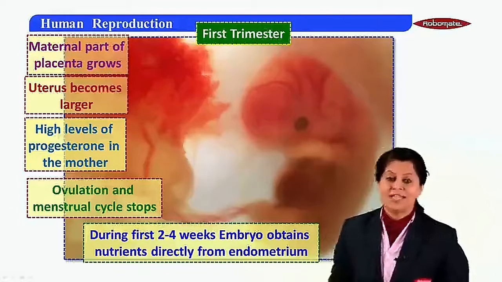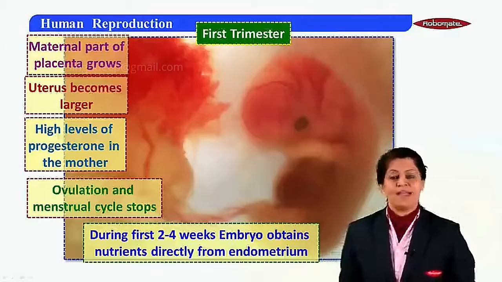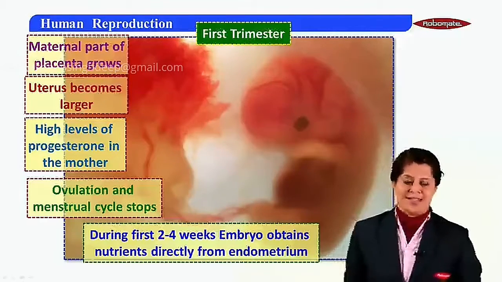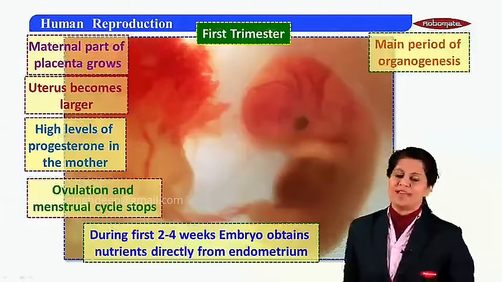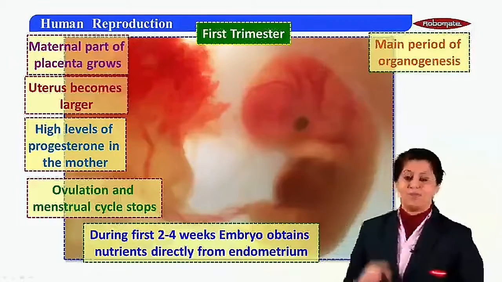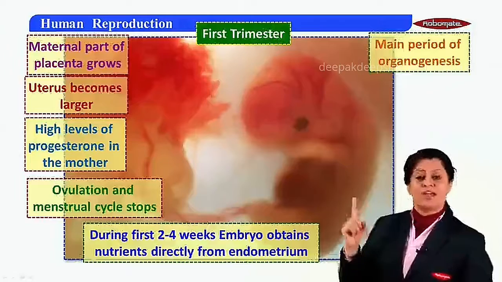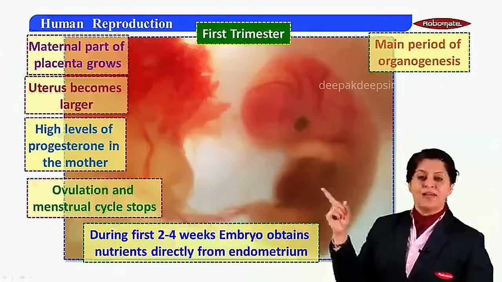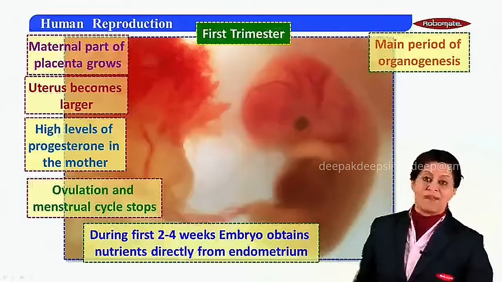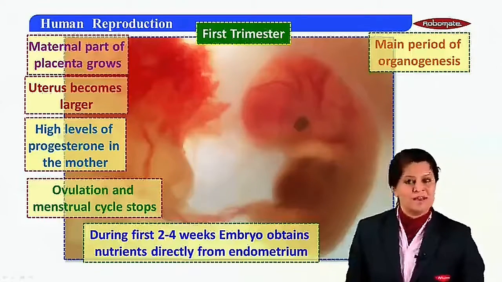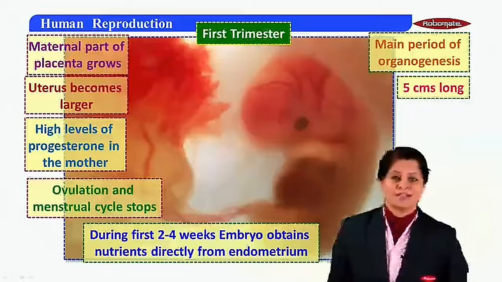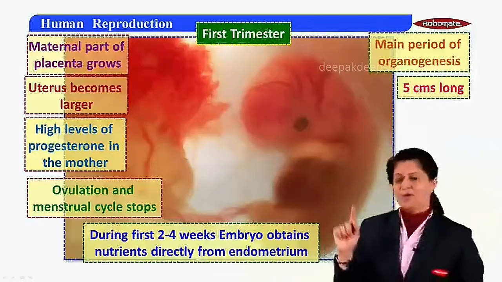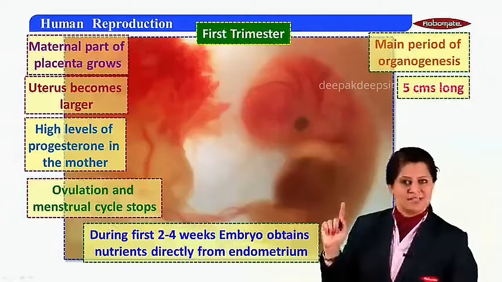Now, what are the changes which are happening in the embryo at this stage? The main period of organ formation is happening in the embryo. In this picture also, students, you can see the embryo in here, and you can see this dark part where we can see the liver is being formed. The embryo is 5 centimeter long, almost half of your index finger.